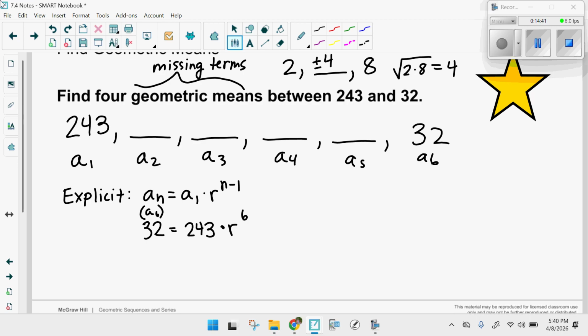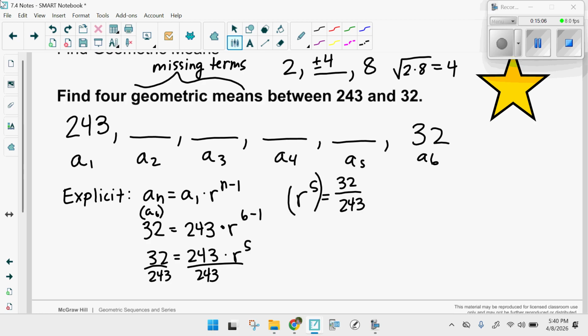I don't know what the r value is, but I can take that r value and raise it to the 6 minus 1. Then doing a little algebra, we get 32 is equal to 243 times r to the 5th. I can divide both sides by 243, and I'd end up with r to the 5th is equal to 32 divided by 243.